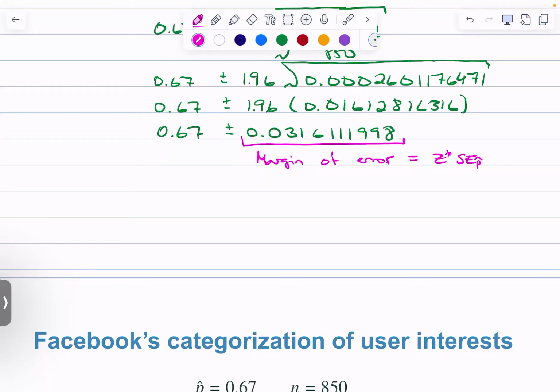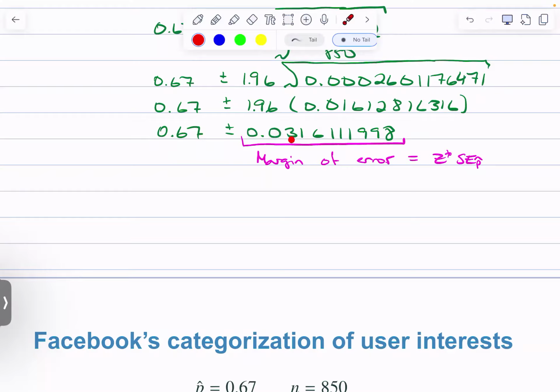This is where it's helpful to know how to store values on your calculator. But as long as you keep, I don't know, 4 decimal places in this case. Why did I choose 4? I get a lot of information out of 0.0316 if I consider rounding. If I round at 1 decimal place, well, that's bad. There's no information there.